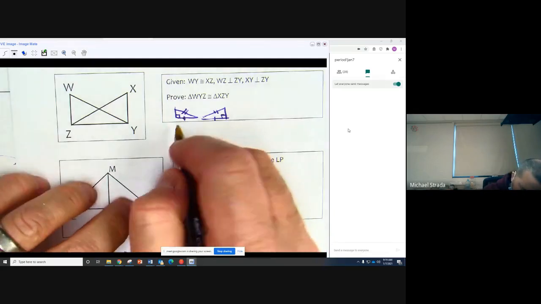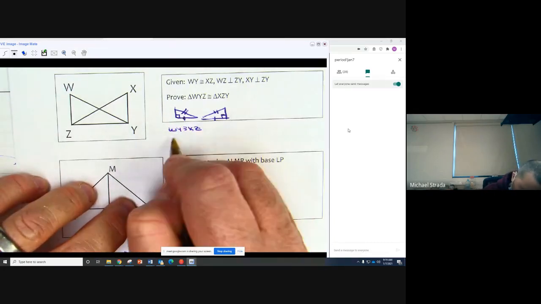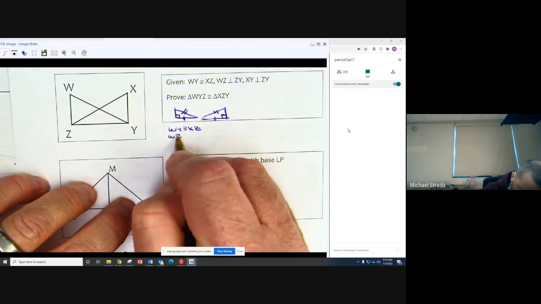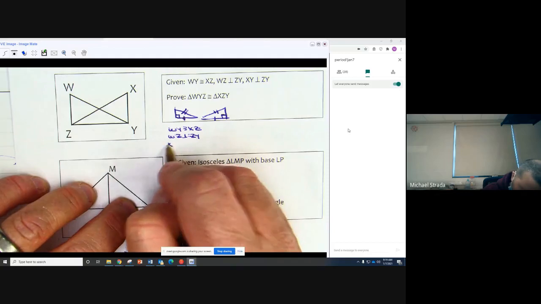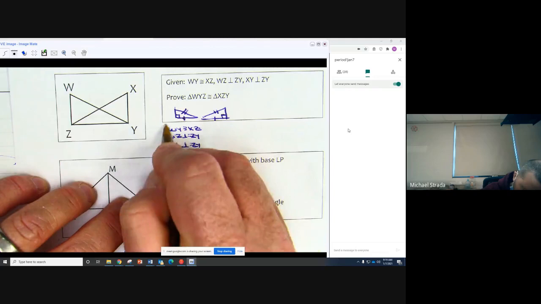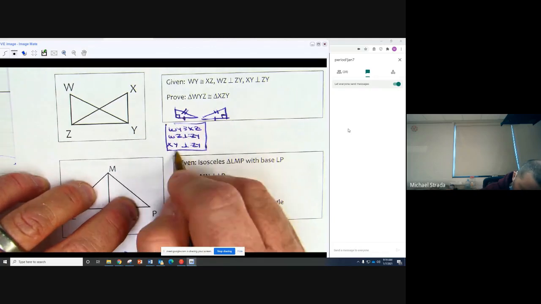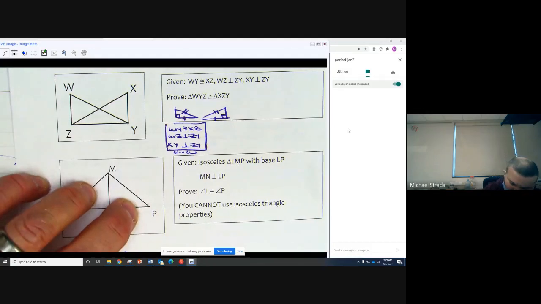All right, so WY is congruent to XZ. WZ is perpendicular to ZY, and you can write this beneath, it's up to you. You don't have to put it right underneath. XY is perpendicular to ZY, all of which is given. All right.